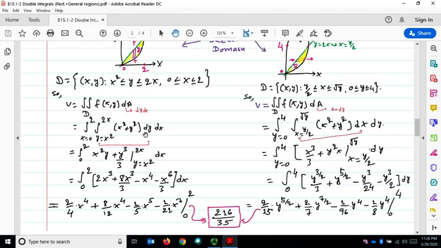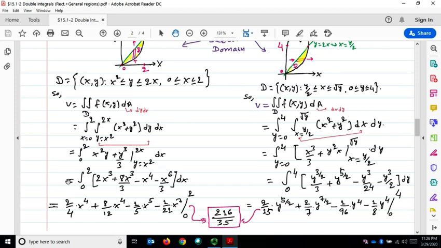Keep in mind that when integrating in y, x becomes constant, so here x squared is constant. The integral of x squared with respect to dy becomes x squared times y, plus y squared becomes y cubed over 3, with y bounds from x squared to 2x, times dx.